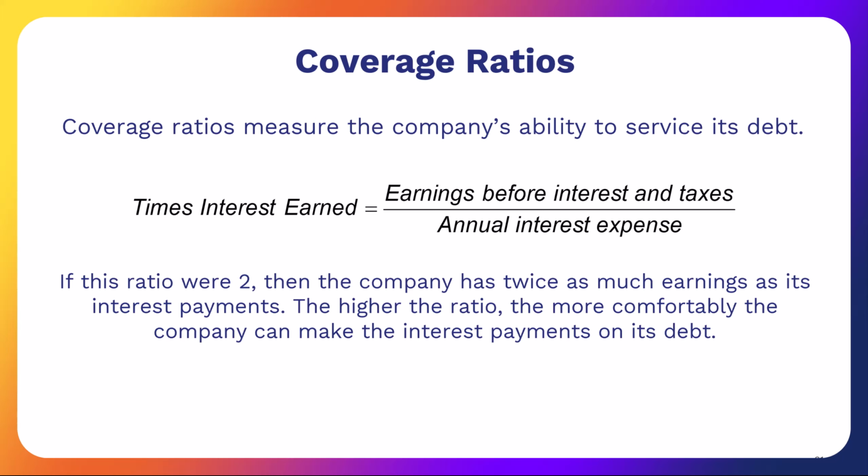If this number is greater than 1, it means we make more profit from operating the company than the interest that we owe for the money that we borrowed to purchase assets for the company. So this ratio tells us if the company appears to be able to handle the amount of debt they have. The greater the number, the greater the ability to make interest payments.